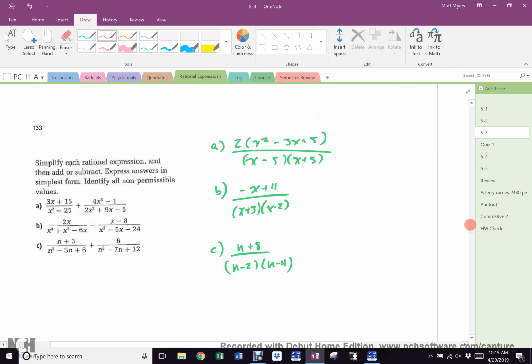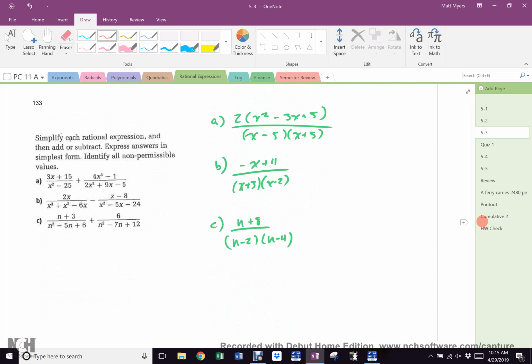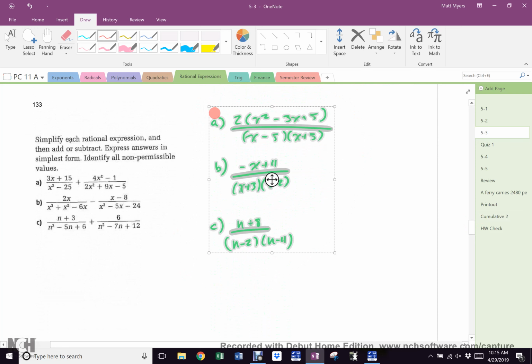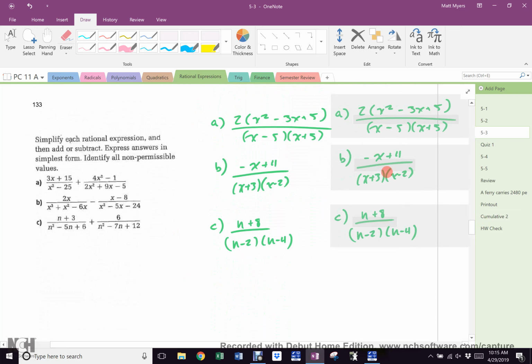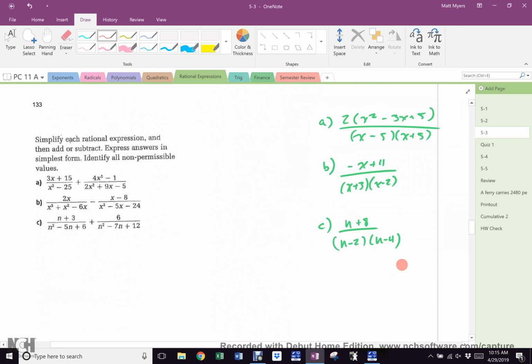There is 133, the first 3. Check your work if you did it. Anybody want to see any of them? A? Certainly.